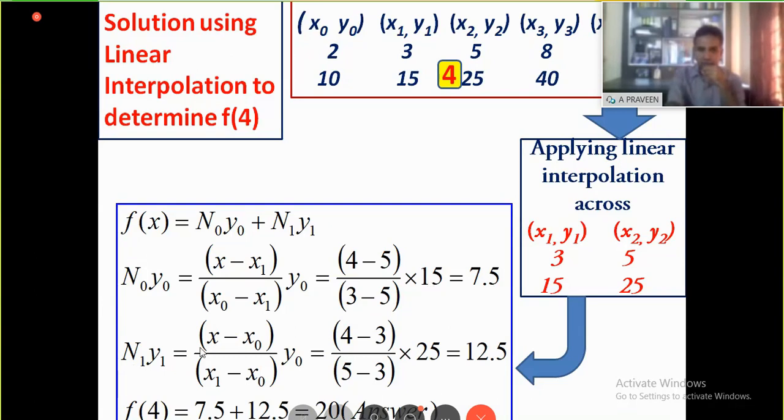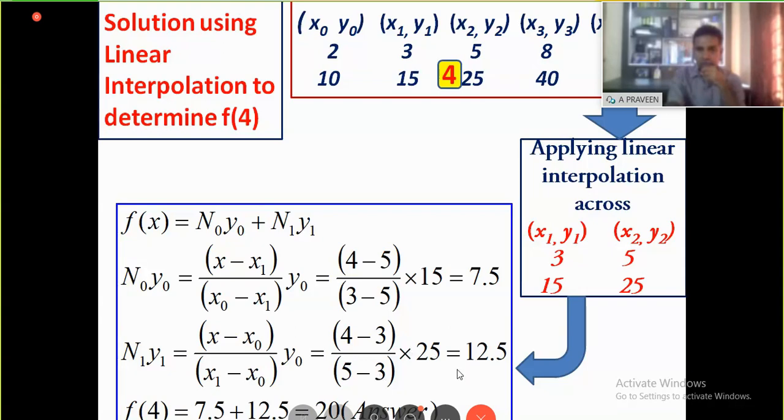What is n1 y1? It is x minus x0 divided by x1 minus x0, multiplied by y1. So 4 minus 3, where 4 is x and 3 is x0, divided by 5 minus 3, multiplied by y1, which is 25.